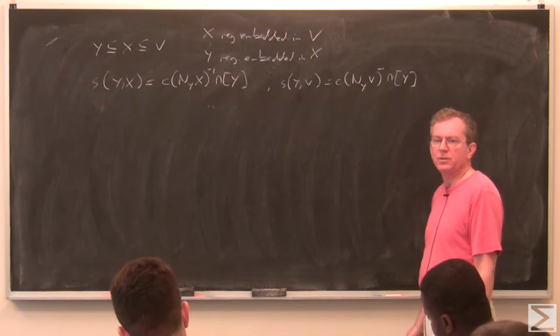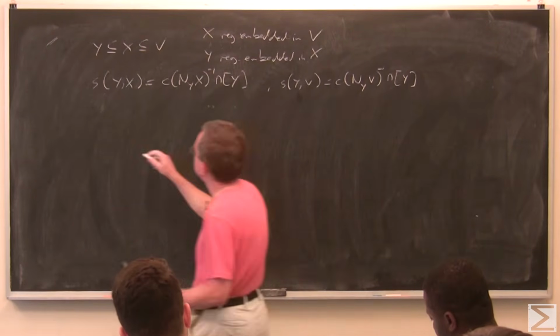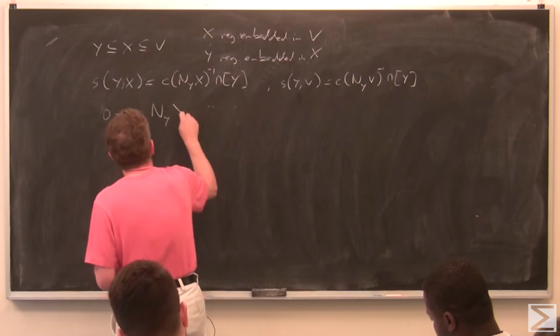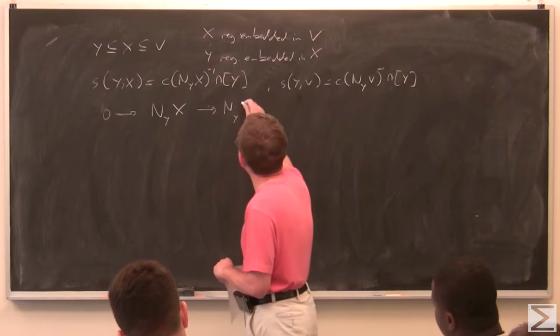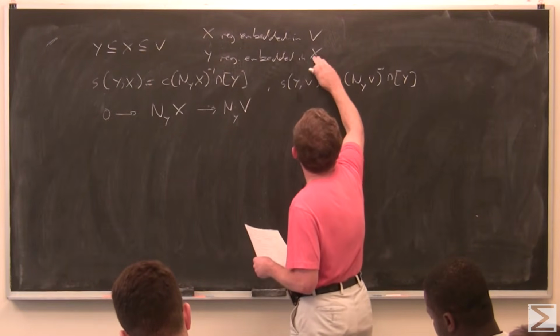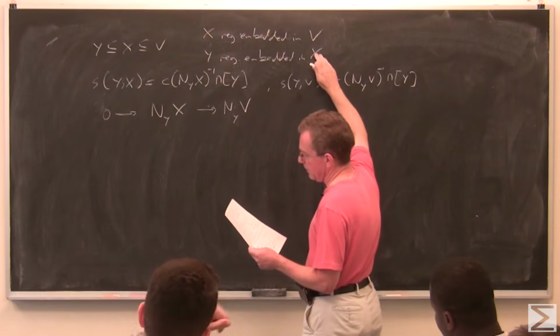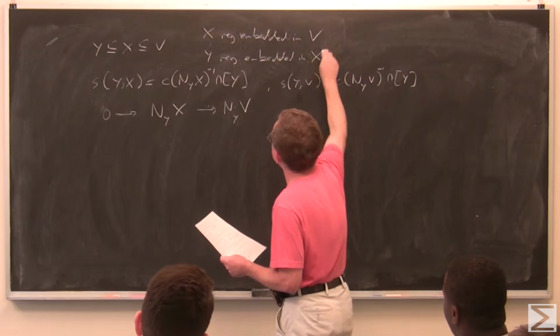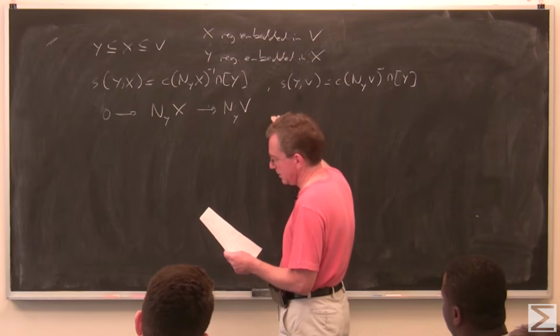So what kind of computation can you put together? Well, there's a sequence: 0 goes into the normal bundle of Y in X, inside the normal bundle of Y in V.